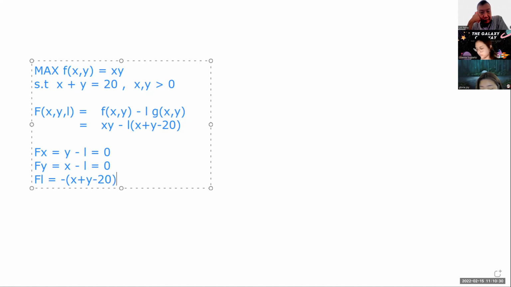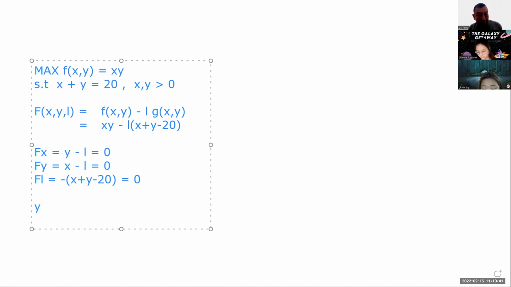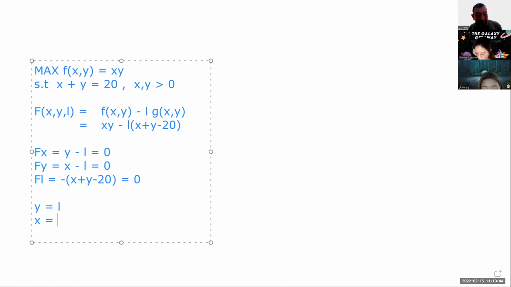Minus 20 equals 0. The rest is algebra. After that is just algebra. So you know that x equals lambda, y equals lambda, equals x, right?